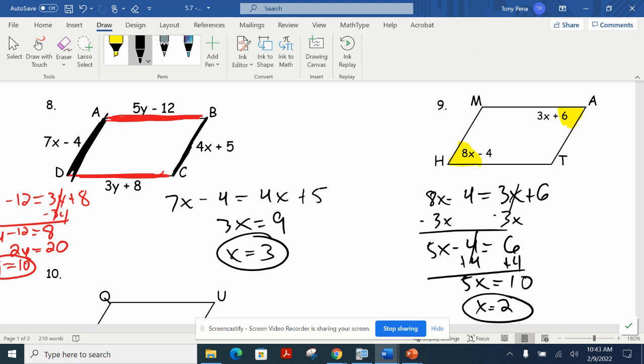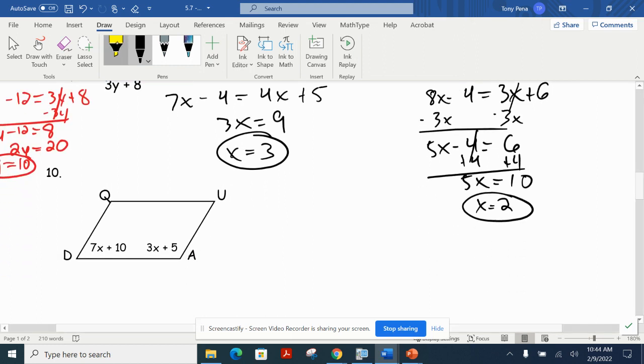Then 9 and 10, I give you for a reason, back to back, just so we can make sure we understand the vocabulary here. In number 9, these angles are across from each other, so that's why they're congruent. Opposite angles are congruent. When we look at number 10, these two angles are not across from each other. The angle across from this one would be u. So these are not opposite angles.